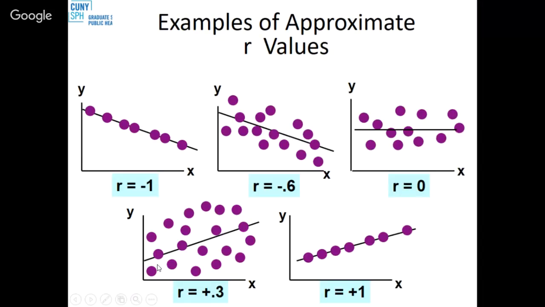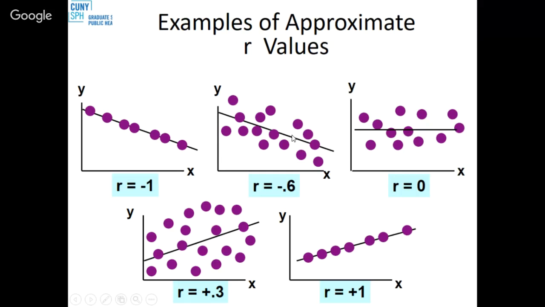And just to give you a bit of intuition for what some of them look like, an R of -1 means that there's a perfect linear relationship between them. So a straight line will pass through every single data point. There's an R of -0.6, an R of 0, an R of positive 0.3, and an R of 1.